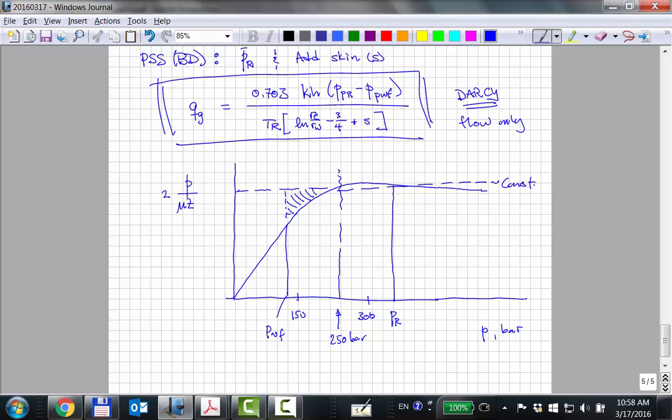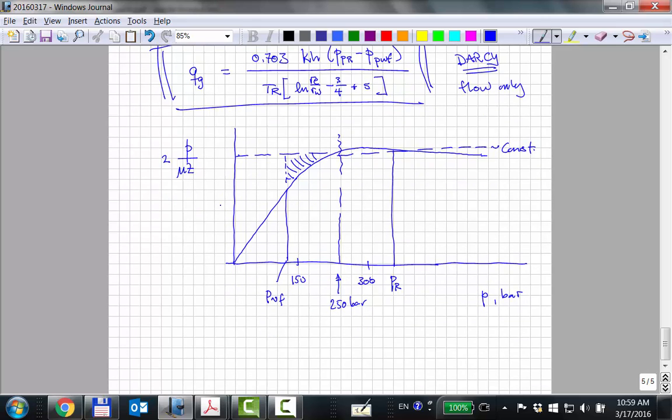If it had remained constant, you would get that area. So it'd be a higher rate. So what you can say is that the amount of rate that you get per bar pressure drop, okay, which is our PI, was stock tank barrels per day per PSI.